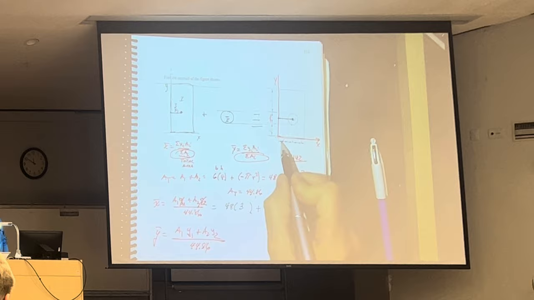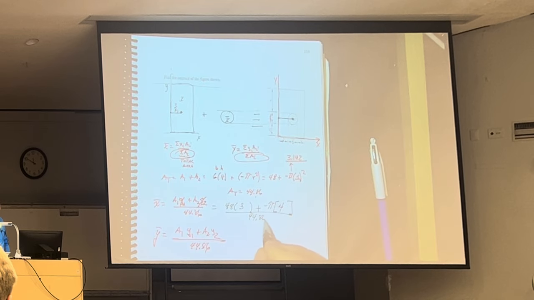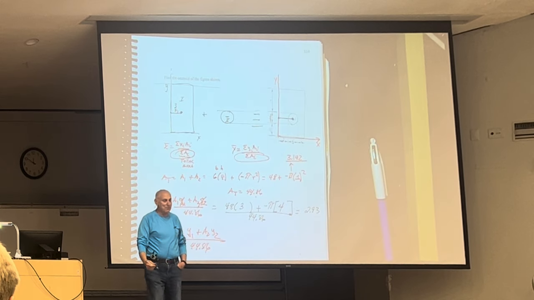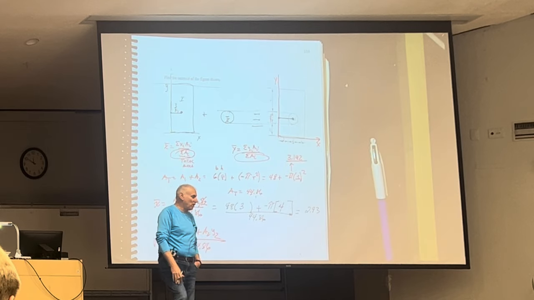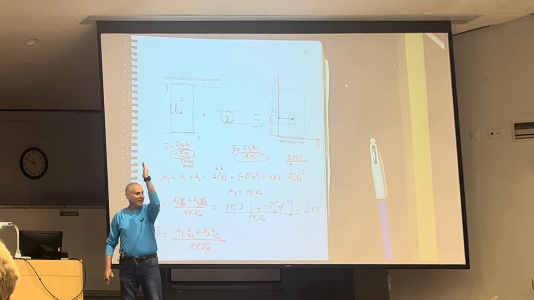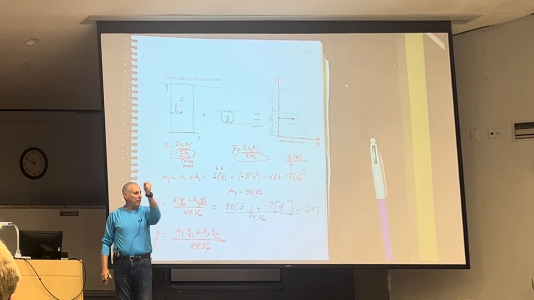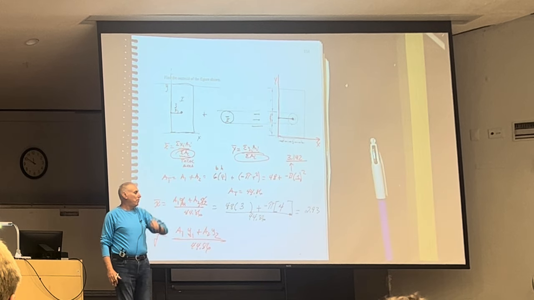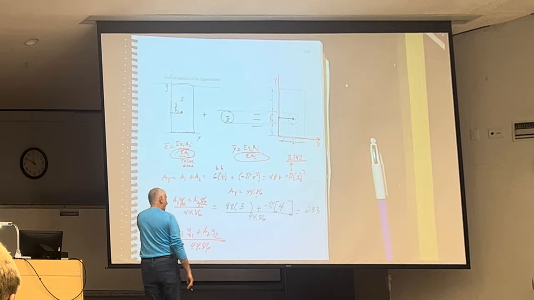Well, that's going to be 3 plus half of 2, which is 1, so that's going to be 4. Divide this by 44.86 is equal to 2.93. Any problems on how I got my x1s, x2s from the y-axis to the center of each individual piece, the rectangle and the circle?